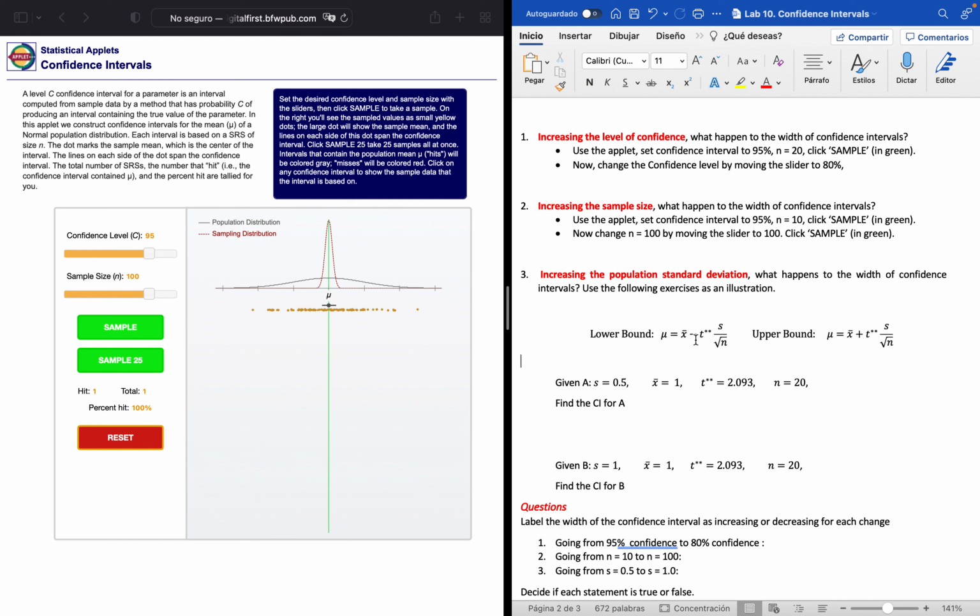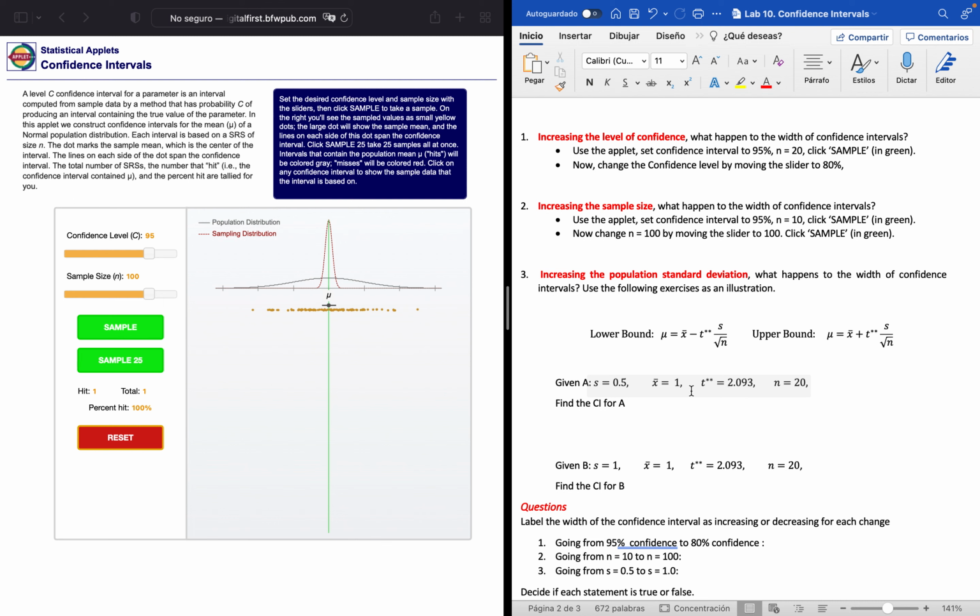First, we have to compute x bar minus t with 2 asterisks times 0.5 divided by the square root of n.